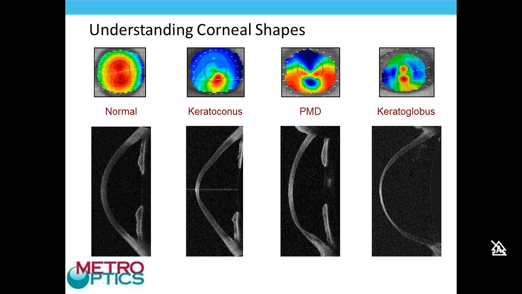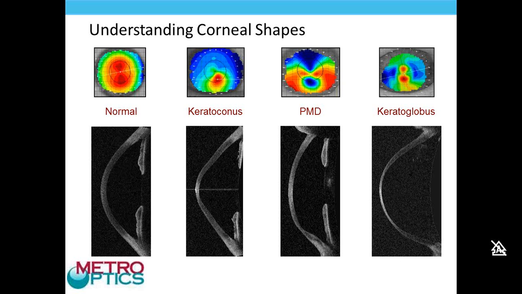Using the KeraSoft IC lens, you're going to be using flatter base curves than you traditionally think of when fitting irregular corneas. And that's mainly because you're not just fitting the steepest portion of the cornea, you're fitting the peripheral cornea as well. So it's not that uncommon to have base curves of, say, 8.2, 8.4, 8.6, or even flatter when using the KeraSoft IC lens design.